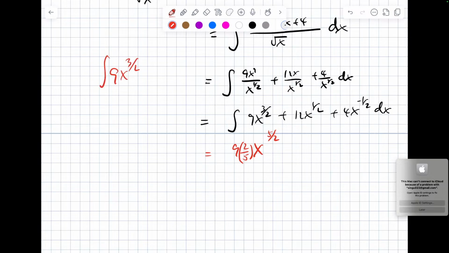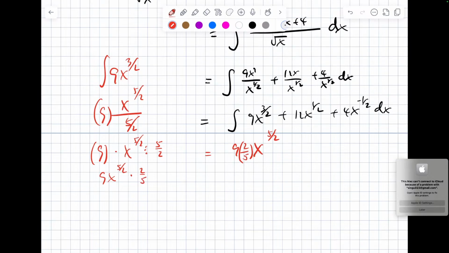If you integrate this, it's going to be x to the 5 over 2 over 5 over 2, right? And if you keep, change, flip, that's x to the 5 over 2 divided by 5 over 2, which is 9x to the 5 over 2 times 2 over 5. So that's why 2 over 5 is there. I just do it in one step because I want to save some writing. Are we okay here?